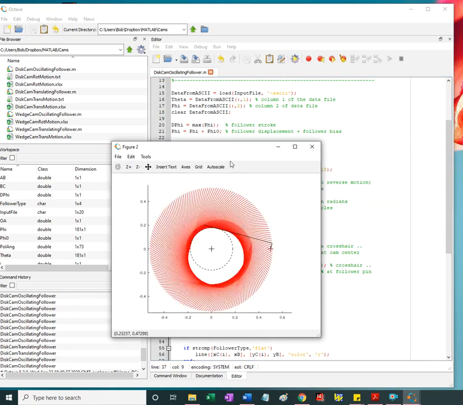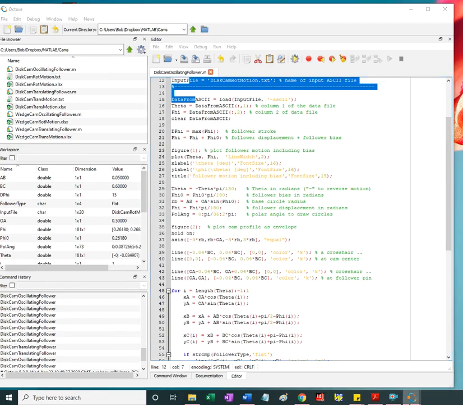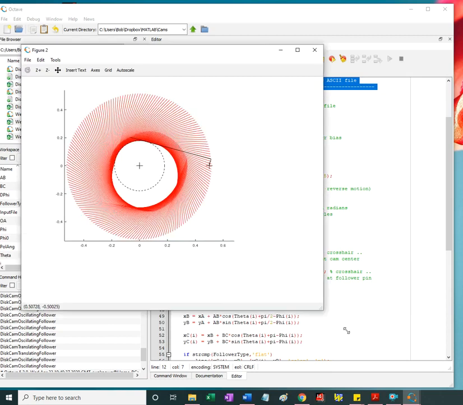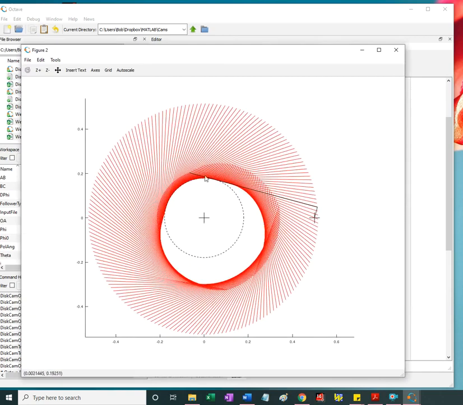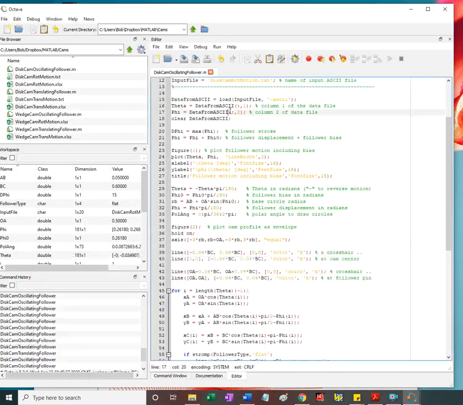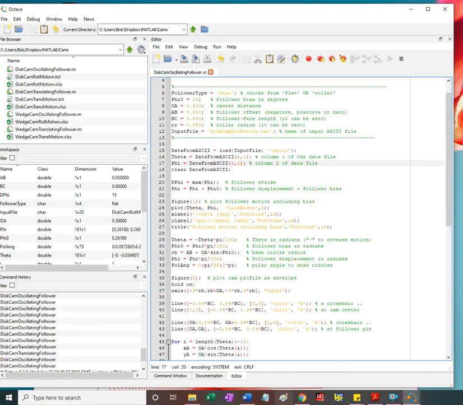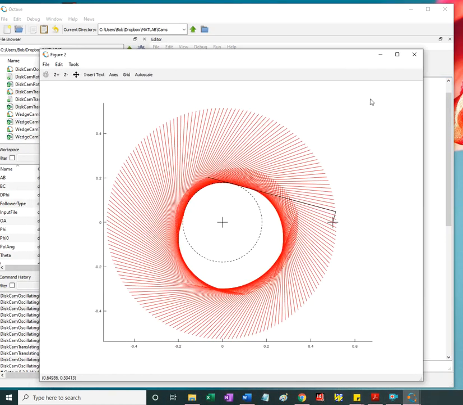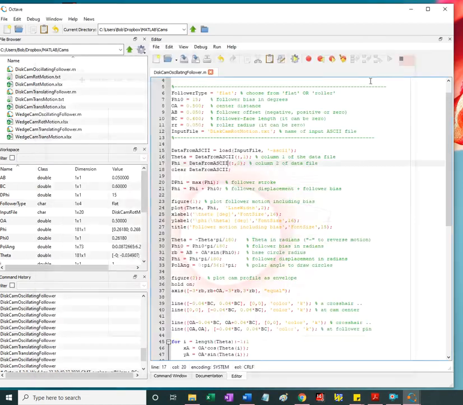Okay, so we have now the follower envelope for a flat face follower. I did not represent the roller, and the program distinguished based on the value of follower type. The program distinguished between the two and took care of enveloping the right one.